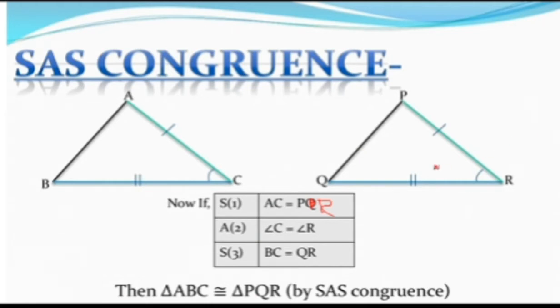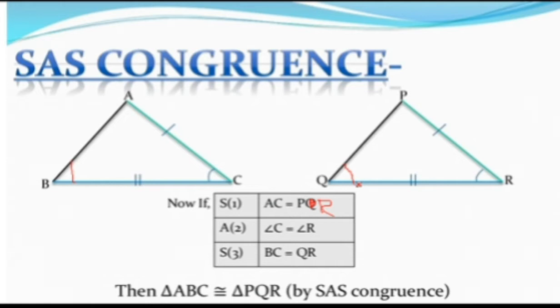But as I said, the angle must be included. It means if the two sides are equal, but by chance this angle is not equal, say angle B and angle Q are equal by chance, then these triangles will not be congruent.